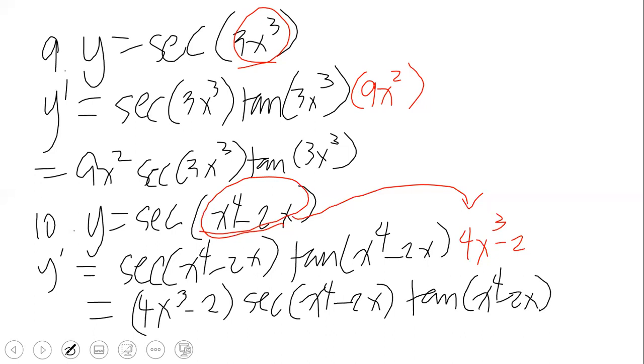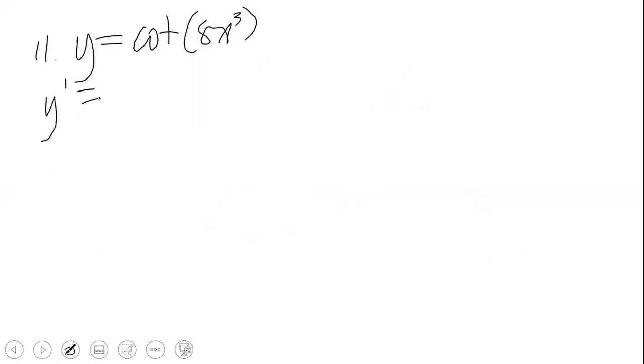Let's have example number 11. So we also have the cotangent. So number 11, we also have y equal to cotangent 8x cubed. So y prime, so the derivative cotangent is negative cosecant.